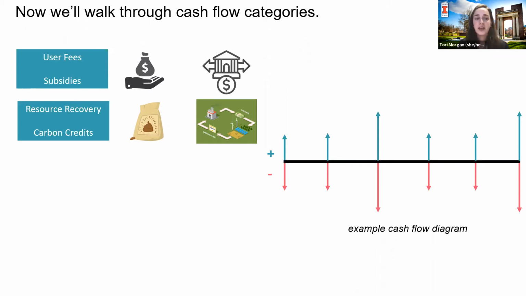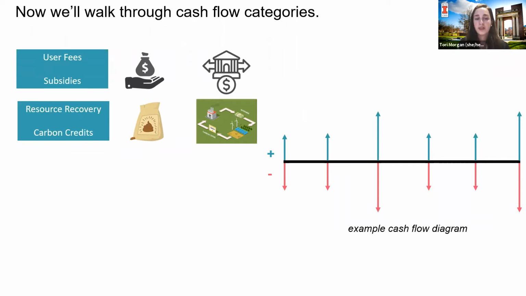Another example, which is fairly recent, is called carbon credits. One carbon credit equals one ton of carbon dioxide emitted. You're given a certain amount of carbon credits, and if you don't use all of them, you can sell them to others that need those carbon credits.